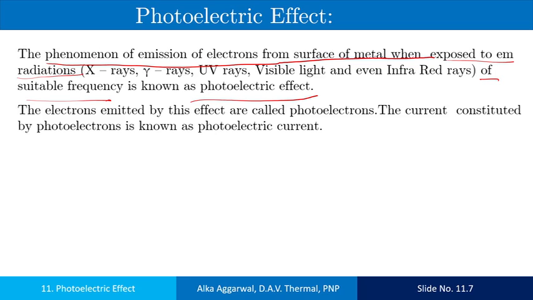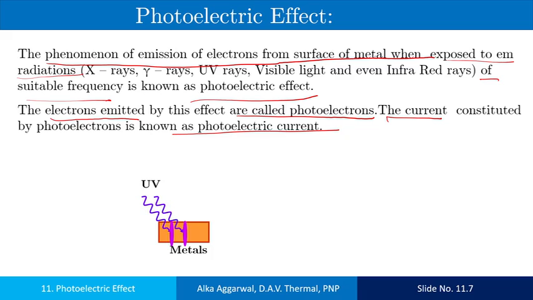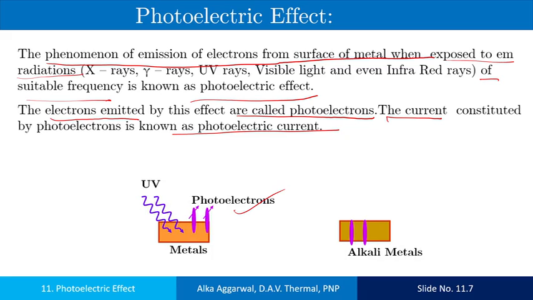The electrons emitted are called photoelectrons and the current is called photoelectric current. Metals, when exposed to ultraviolet radiations, give out photoelectrons. Alkali metals have very low work function. They give out electrons even when exposed to visible light.